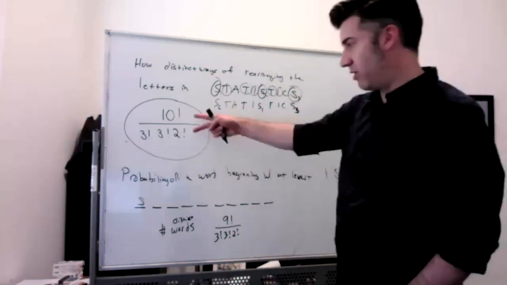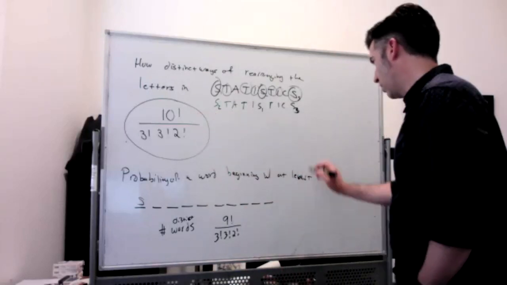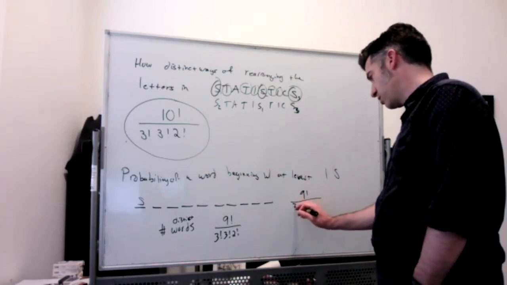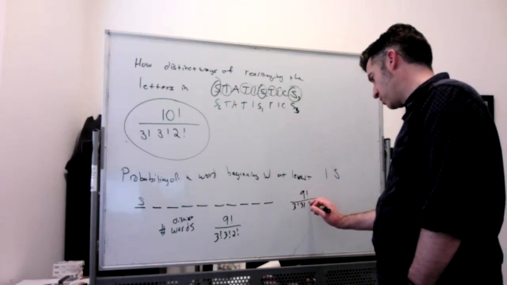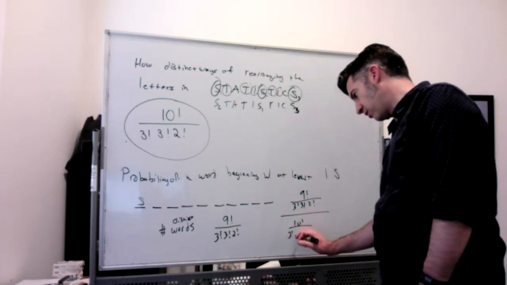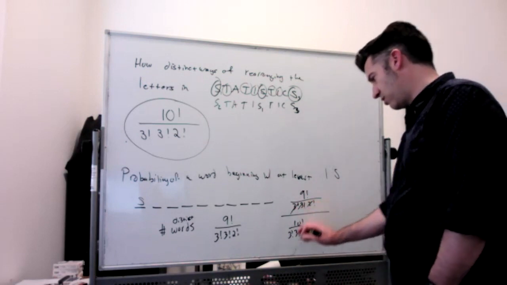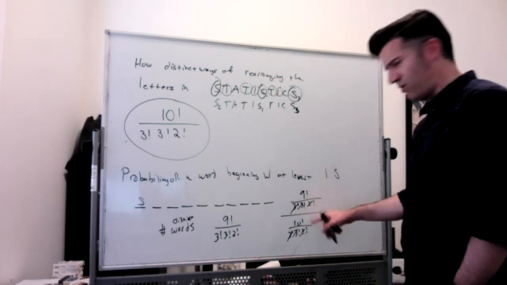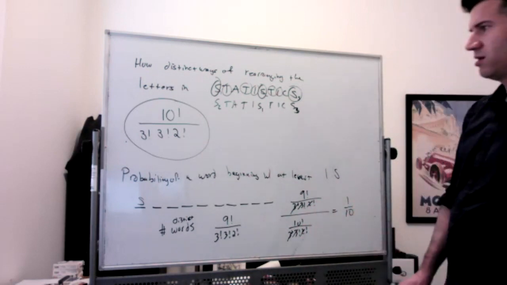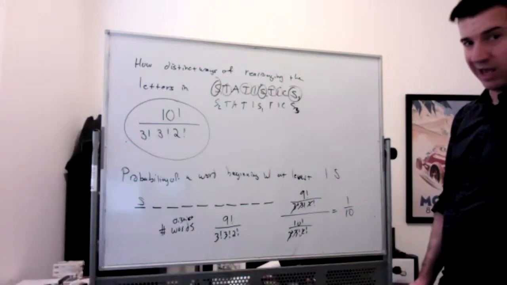And then if you divide this by that, well, that's going to actually come out to be really nice. 9 factorial over 3 factorial, 3 factorial, 2 factorial, divided by 10 factorial over 3 factorial, 3 factorial, 2 factorial. The 3 factorials and the 2 factorial cancel. 9 factorial over 10 factorial is just 1/10. So it looks like there's a 1 in 10 chance of your word starting with at least one S.